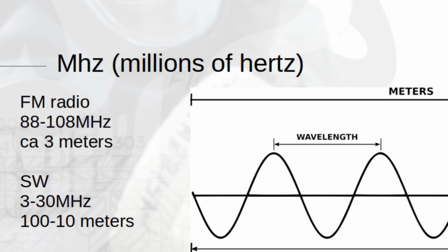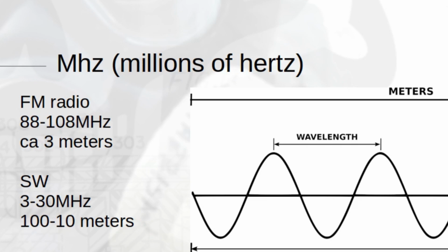For shortwave, which is a lower frequency, that spans between 3 megahertz and 30 megahertz. And what that means is that on the 3 megahertz range, the wavelength will be 100 meters. And for the 30 megahertz range, it'll be 10 meters between these peaks in the wave.